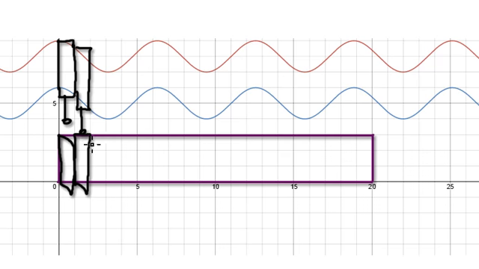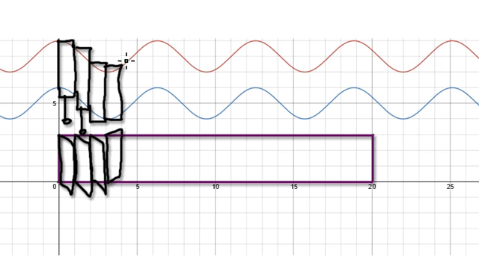Move this one down here, and then cut this one up. You can move it down, and then it will look something like this. This one here, cut it up, and it will look something like this.